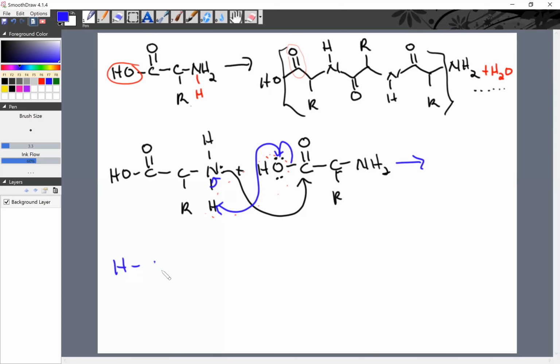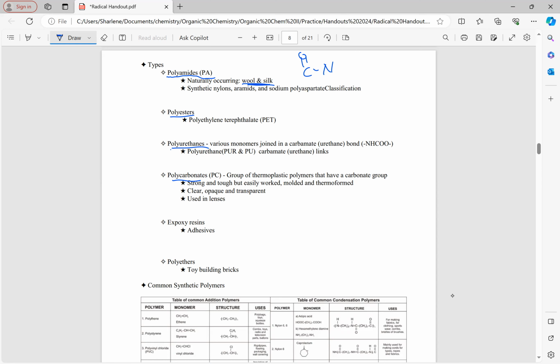All right. Polyesters, they use a molecule called polyethylene terephthalate. And that funky molecule looks like this. Whoa, it has two growing sides.